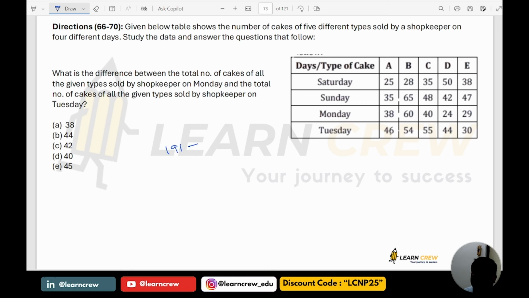Tuesday total: 46, 54, 100, 199 plus 30, 229. So 229 minus 191 is 38. 38 is the answer.